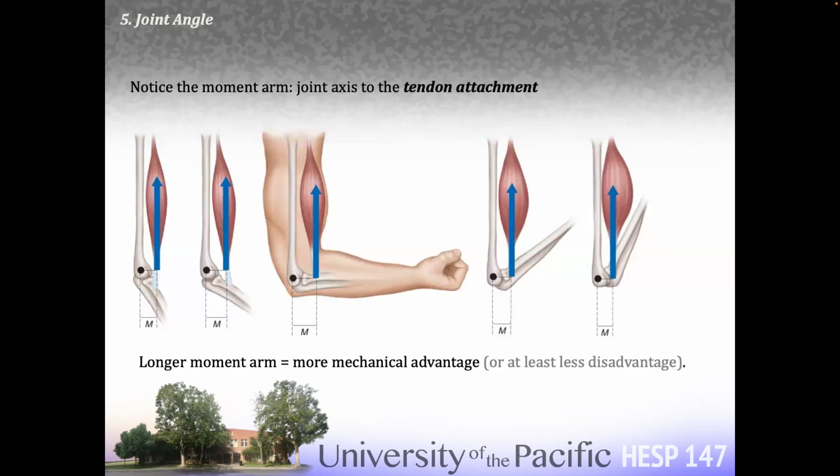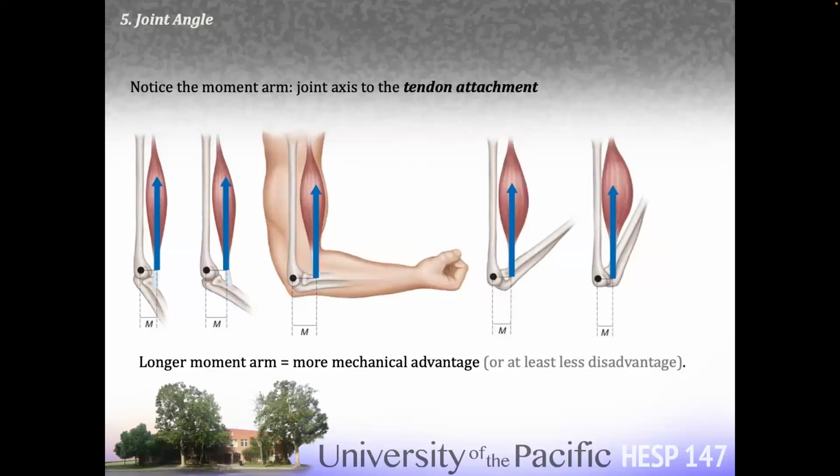So if you look at the moment arm of the muscle here, the fulcrum, right, the elbow, to the force, the tendon attachment and line of pull of the muscle. So that length, you see it changing throughout the range of motion, mirroring the length tension relationship.